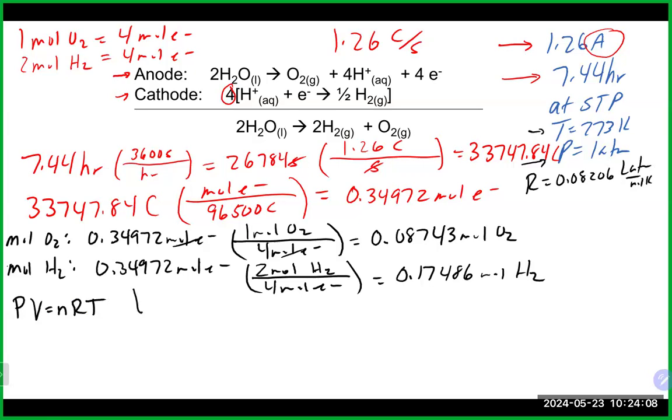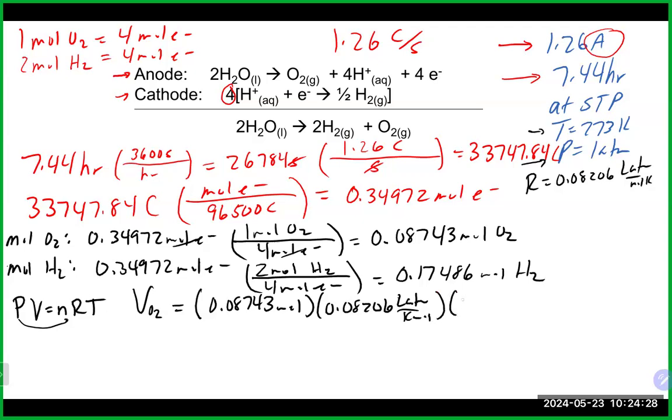So solving for volume of oxygen, obviously we're going to divide that to the other side. We would get our moles of oxygen, 0.08743, our gas constant, our temperature, which is 273 Kelvin, and our pressure here, which is 1 atmosphere.